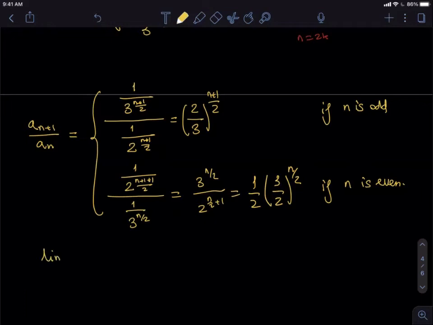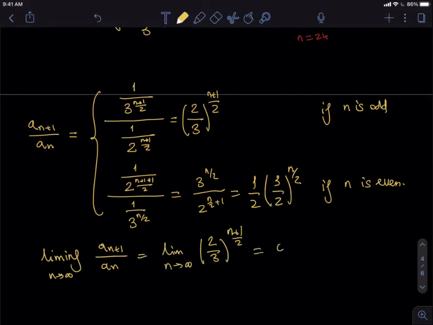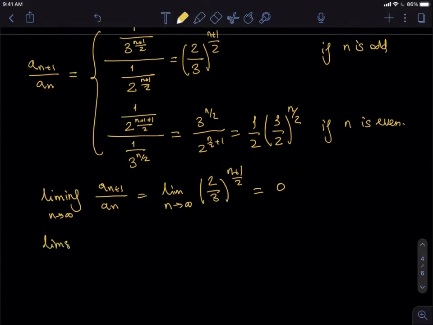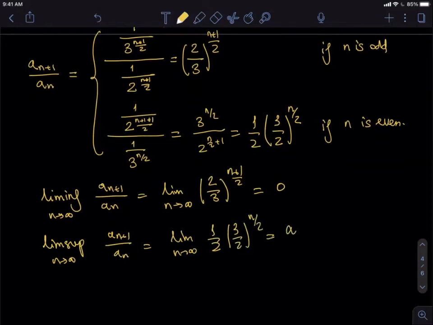And actually, we have a lim inf that is given by the limit of 2/3 to the n plus 1 over 2 as n tends to infinity, which is 0. And we have a lim sup, which is the limit of the other subsequence, the even terms, 1/2 of 3/2 to the n over 2, which is infinity.